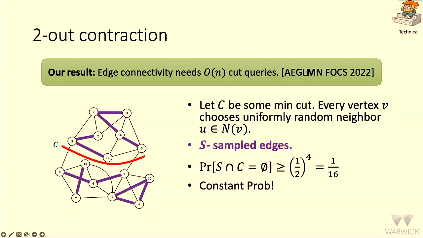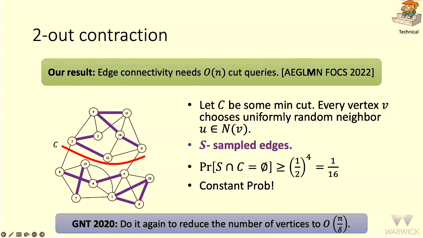So if you work on this technique, you can show that if you do it for all the vertices, with constant probability you are never going to cross the min cut. And there is a recent result by Ghaffari, Nowicki, and Michal Dory, which shows that not only will it not cross the min cut, if you do it once more, you can also reduce the number of vertices to n over delta, where you think of delta as the minimum degree.